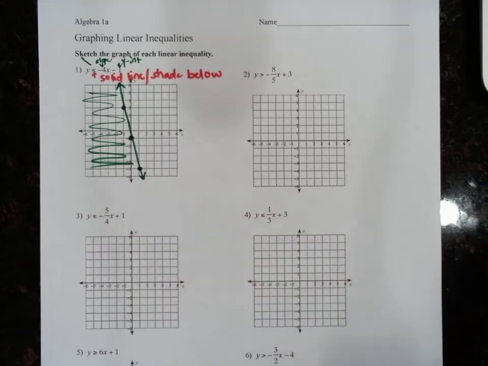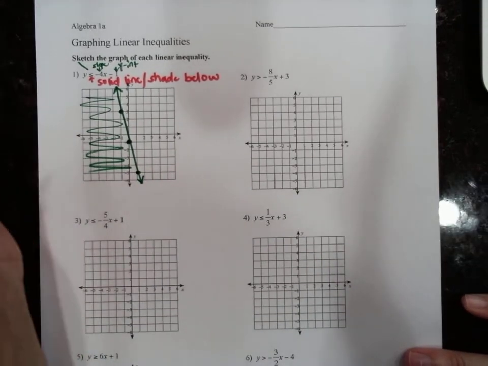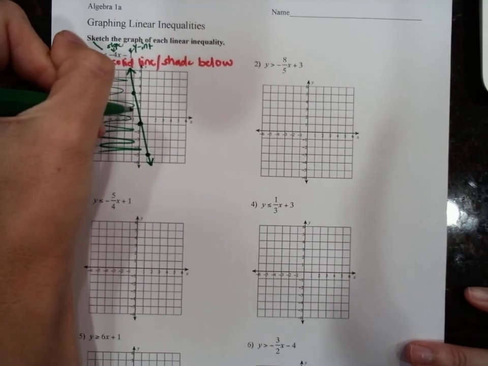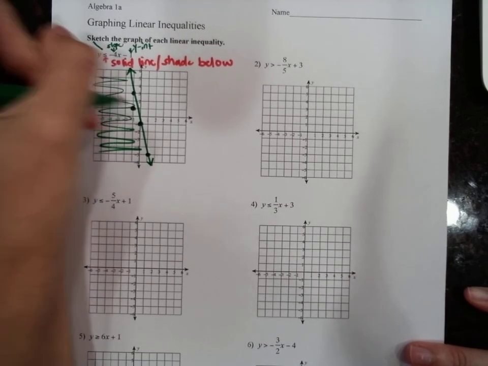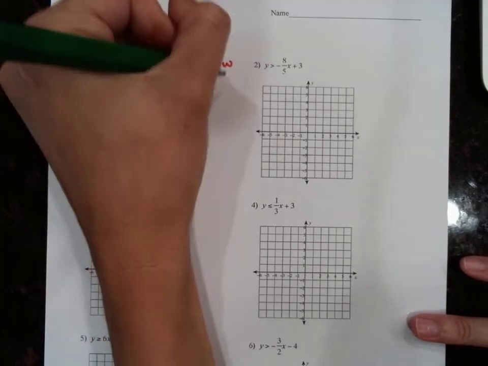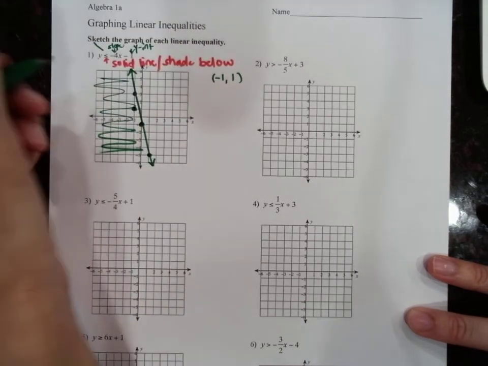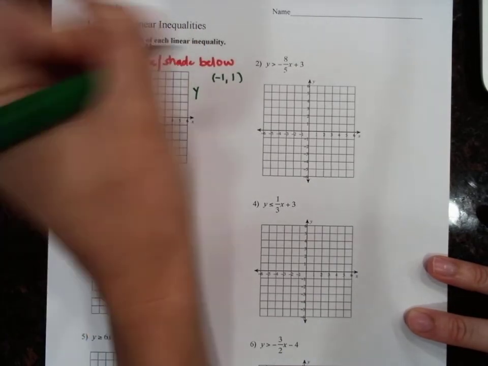And then the last step is we need to pick a point and check our answer. So I'm going to pick -1, 1. This point right here. That should make my inequality true if I graphed it correctly.